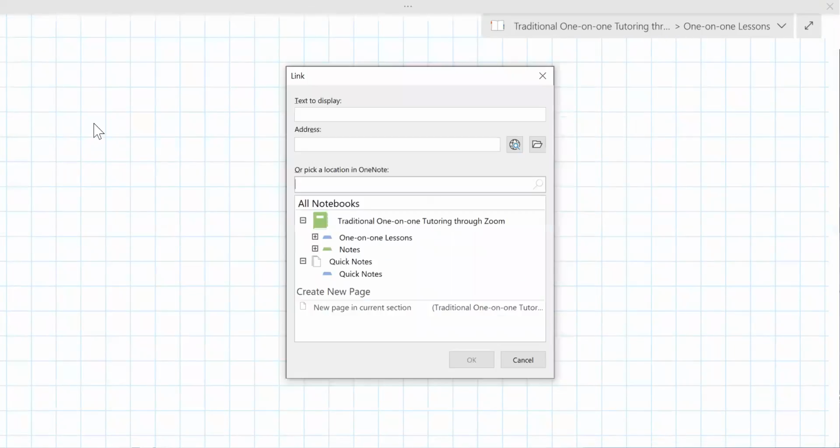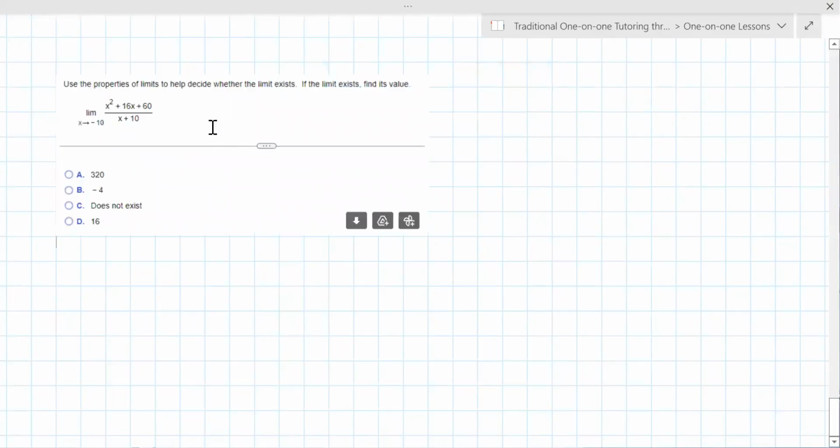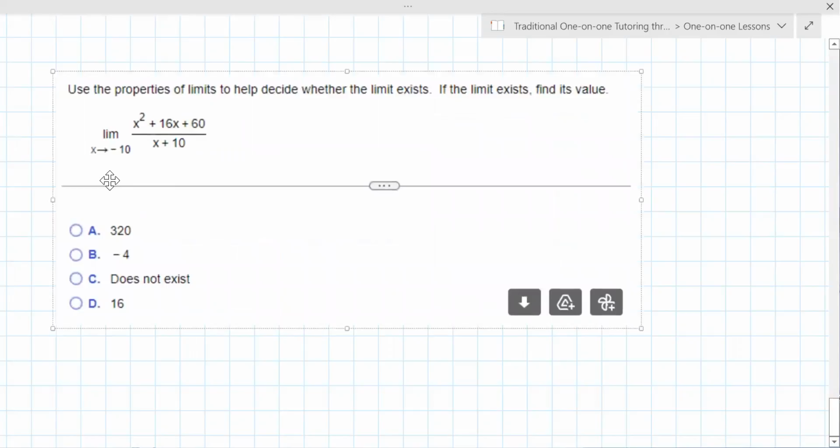Here we go. The issue here is when you substitute in -10 in the bottom, you get 0, but you also get 0 in the top. You end up getting 100 minus 160 plus 60, which is 0.